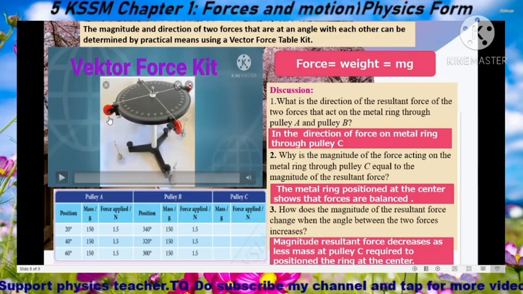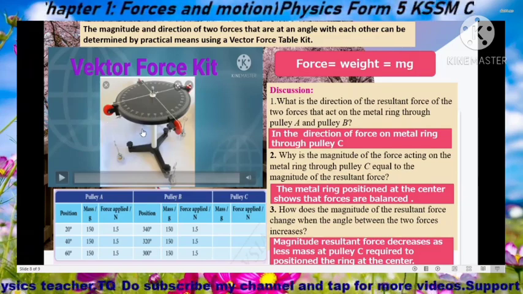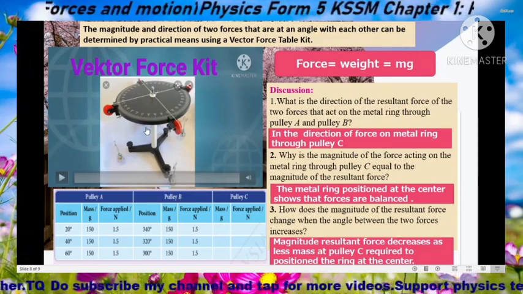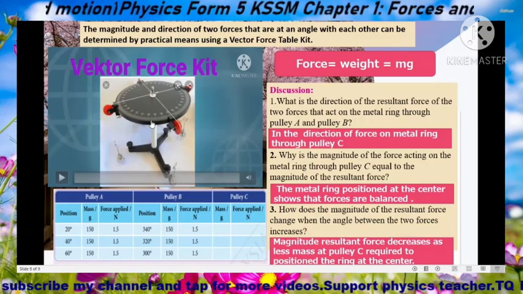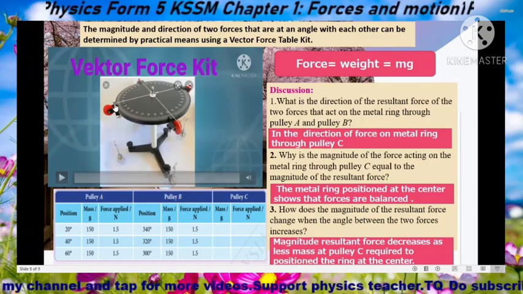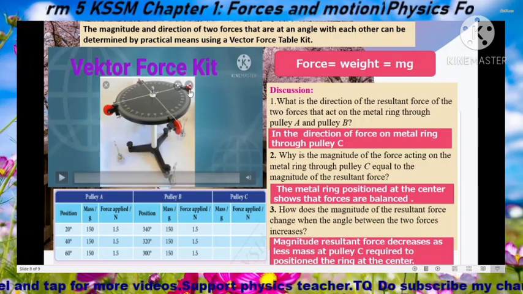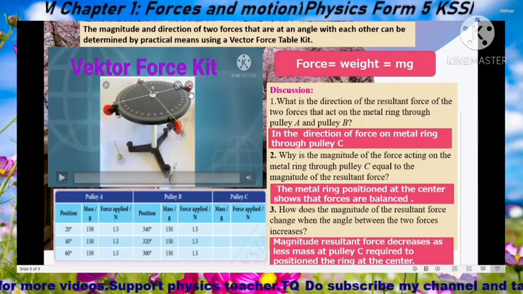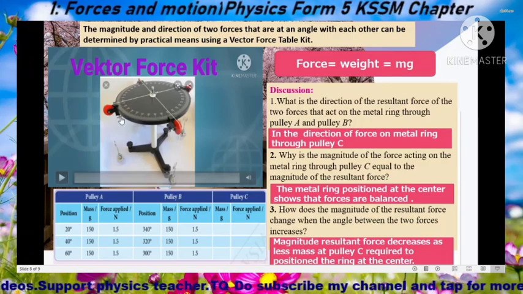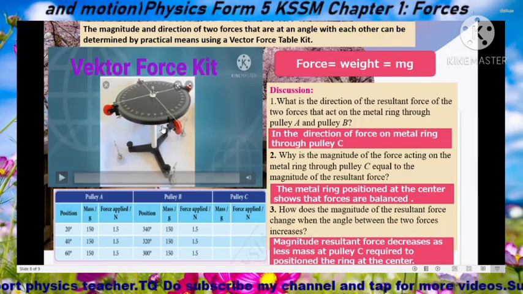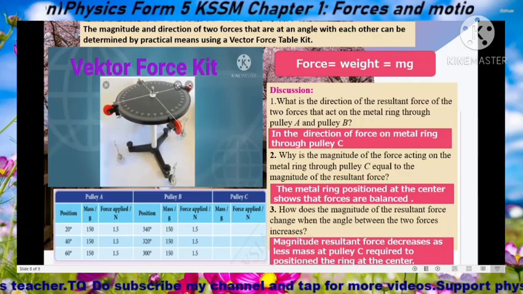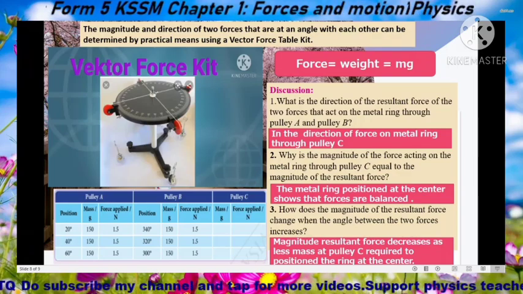Okay, just now we used a mathematical operation by sketching a triangle of forces, the scale drawing method. So actually we can use this vector force table kit to find a resultant force for two non-parallel forces. Okay, so you can find this in the lab.